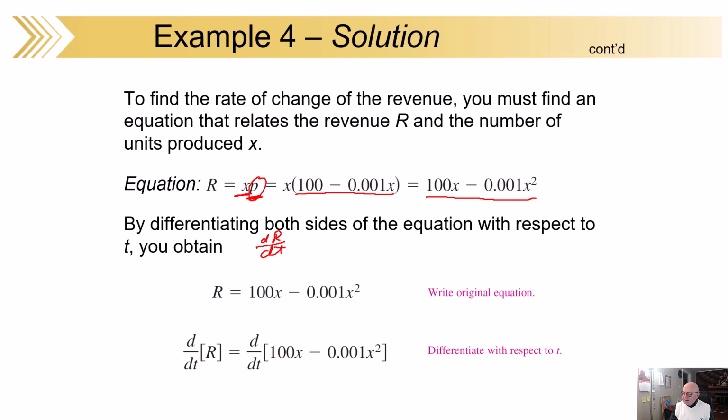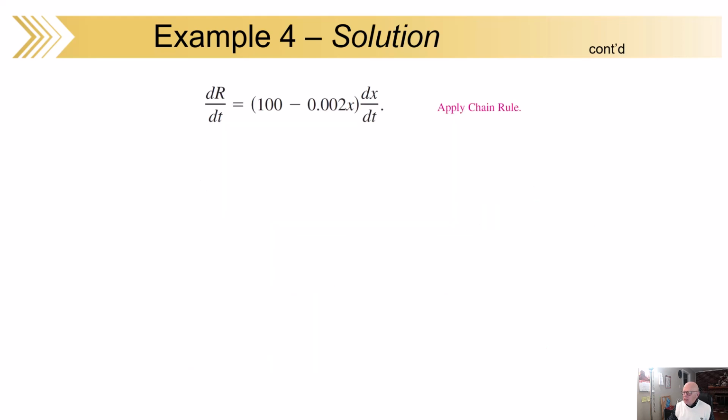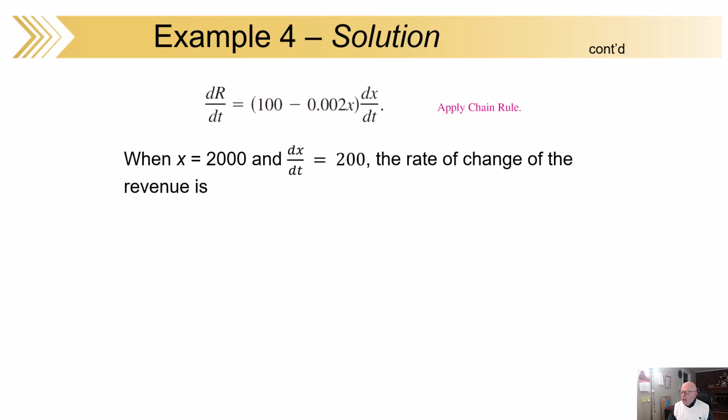There's your setup. So you can take it one piece at a time. Do your differentiation. On the left side, you get just dR/dt. Good. That's what we're looking for. All we have to do is put the right numbers in on the right-hand side. We'll be set. x is 2,000.